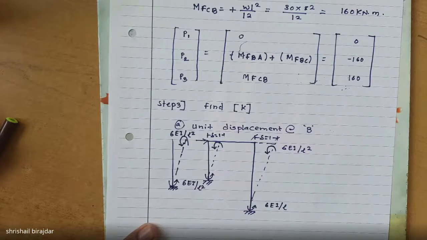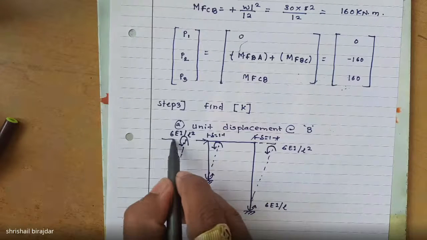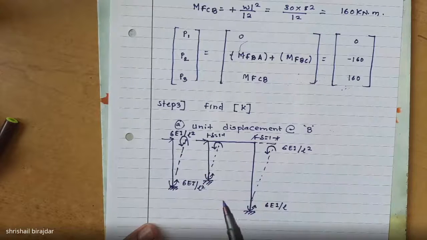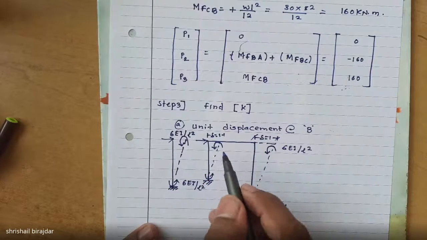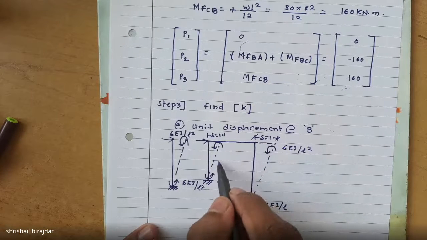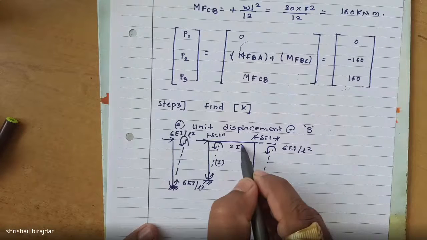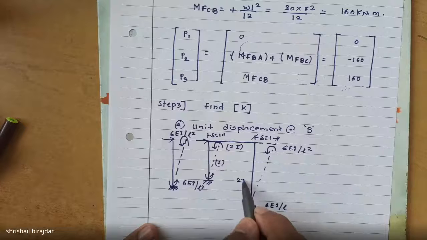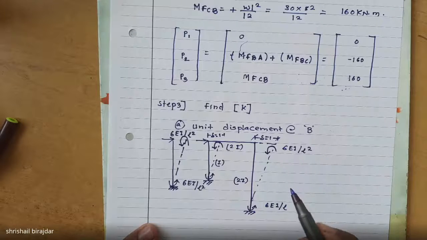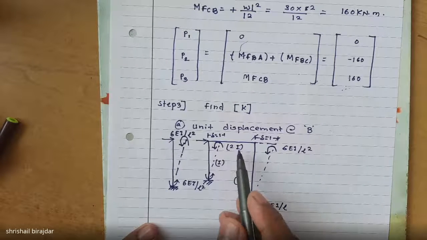Are you getting this particular point? I am trying to find out the translation here. So for finding the translation, you first need to put all the lengths and the moments of inertia of the different columns and beams. So you just write down the moment of inertia I, 2I, 2I.